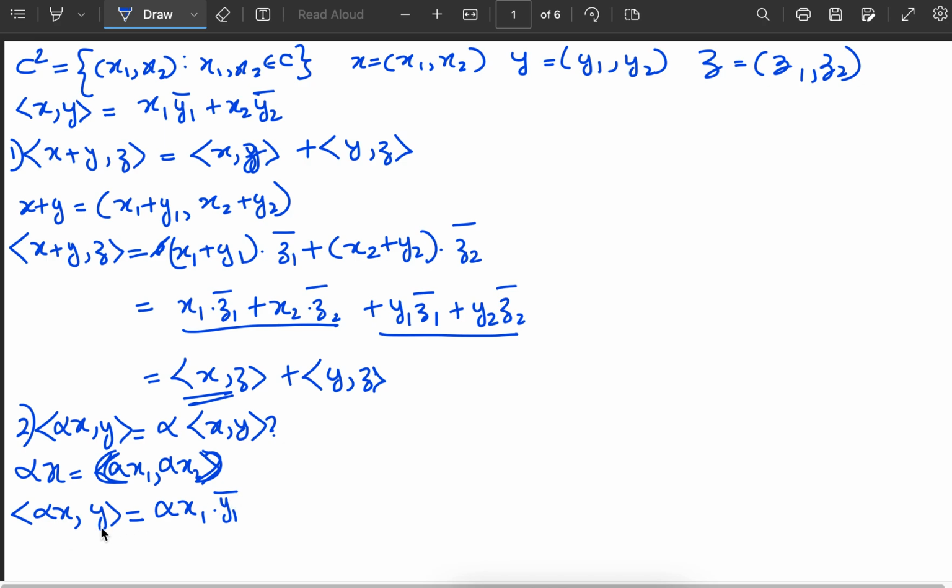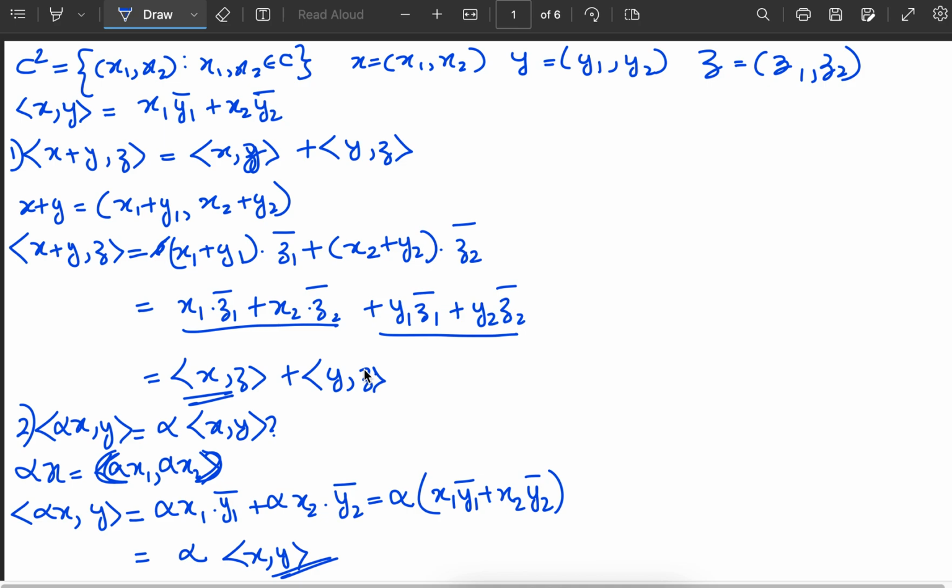For the second elements, we need to take their conjugate components, plus alpha x2 into y2 conjugate. Here alpha is common, so we can take that alpha outside. So it is x1 into y1 conjugate plus x2 into y2 conjugate. So this will be equal to alpha into inner product x, y. So that property is also satisfied.